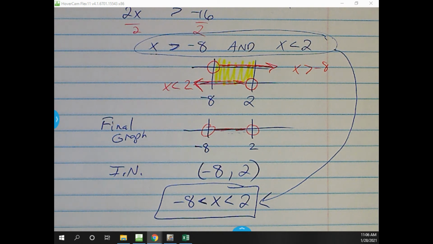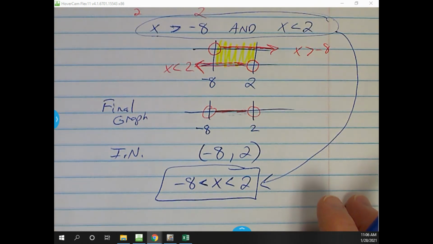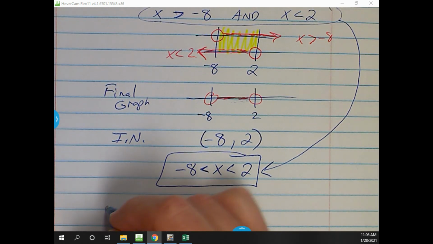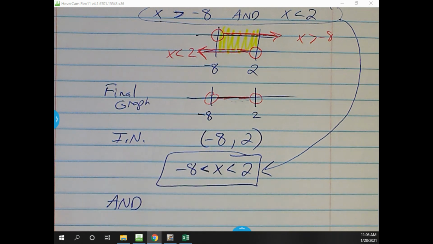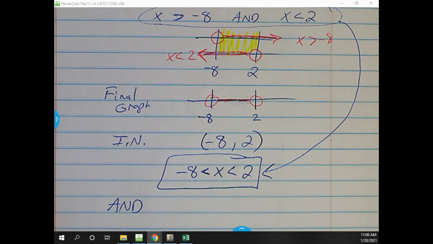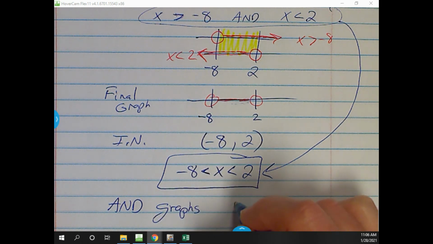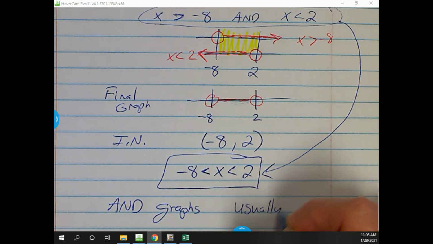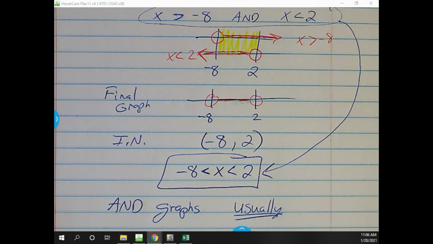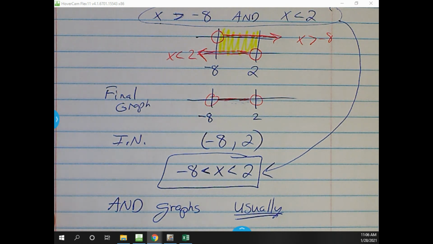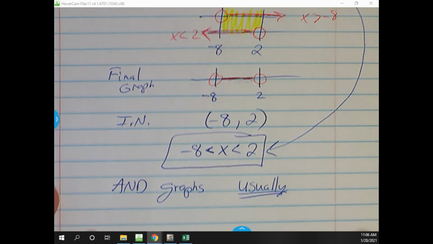And so here's something that I figured out when I was going through these. When you have "and" graphs, now again, you may laugh a little bit, but that's okay. As long as you remember it, I'm fine with it. "And" graphs usually, now that's the key word, usually, because sometimes you get a weird graph that doesn't quite look like it should and something weird happens to it.